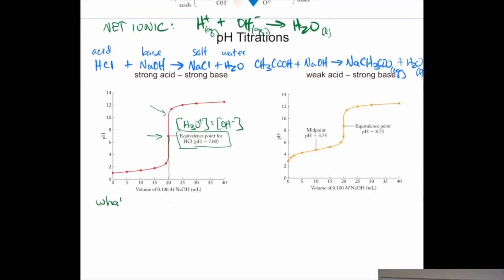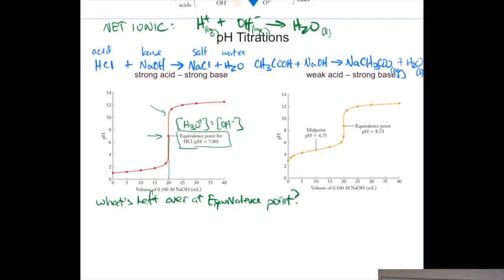Here, let's write this down. What's left over at the equivalence point? What do you think? Is there hydrogen ion left over at the equivalence point? Is there hydroxide ion left over?